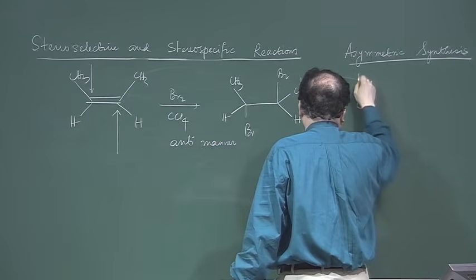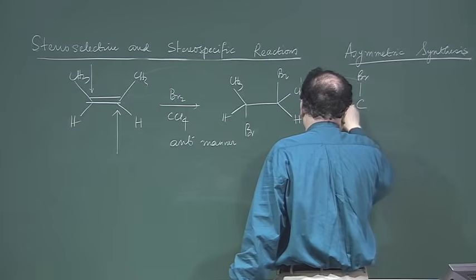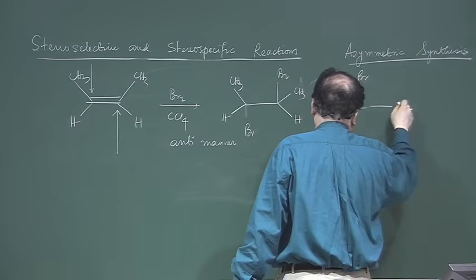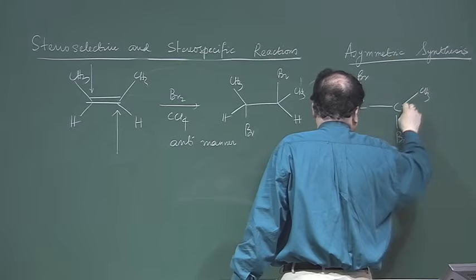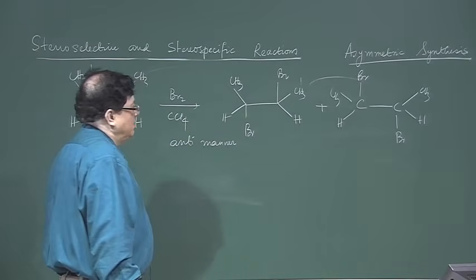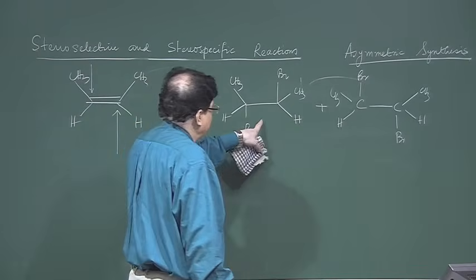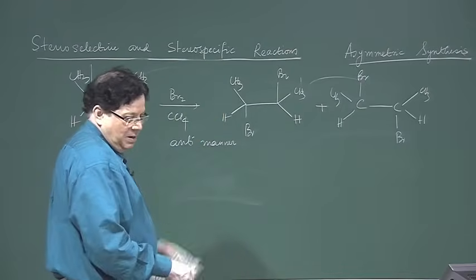So, you get Br here and methyl, hydrogen, and then Br on this side, and then CH3 and this H. Now, these two are racemic mixtures, they are optically active, but both the compounds are formed in 1:1 amount.